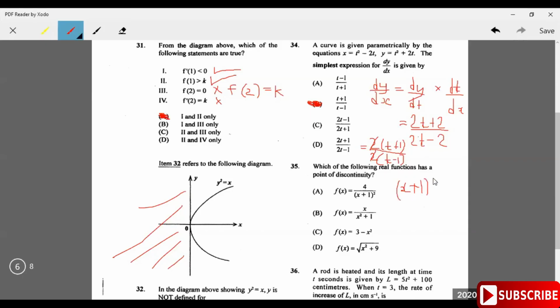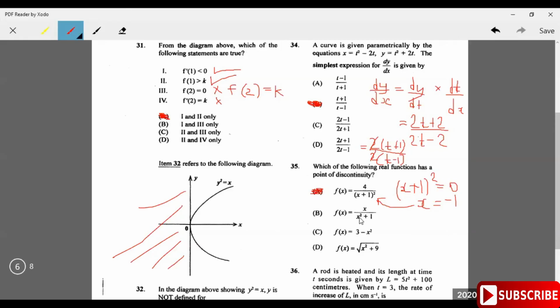From this, we get that when x is negative 1, the function is undefined. And so therefore option A has a point of discontinuity when x is equal to negative 1. Because if you put negative 1 into this, you're going to get 4 over 0, and 4 over 0 is undefined. That's a point of discontinuity.